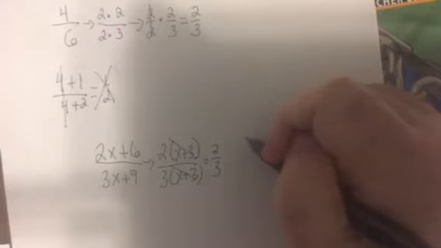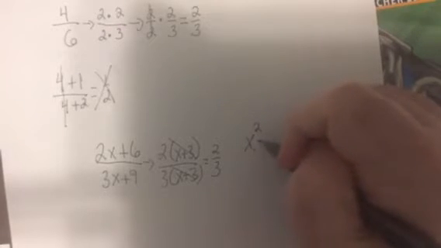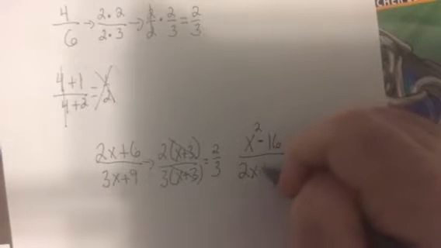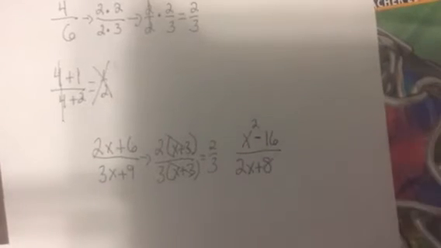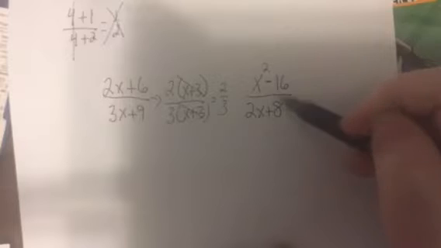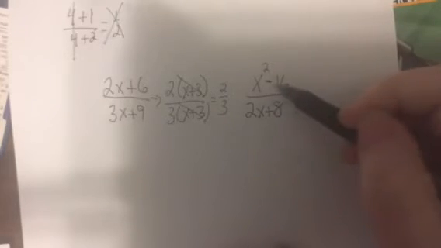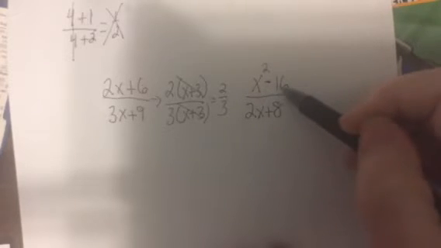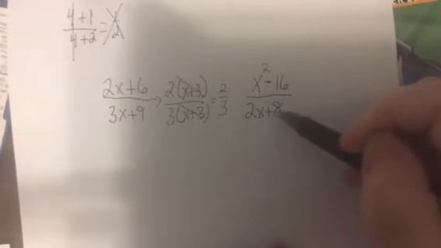So if I have x squared minus 16 all over 2x plus 8. Now you're going to want to go, I can go 16 divided by 8. No, because of that minus, those are together. So the only thing right now I could cancel on top is x squared minus 16. On the bottom, 2x plus 8.